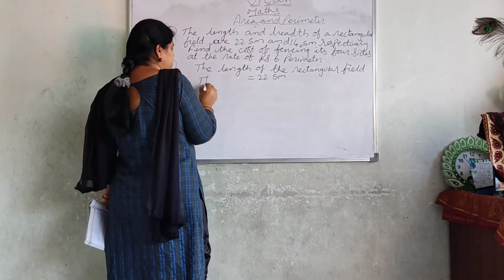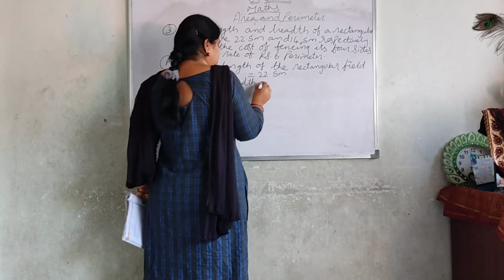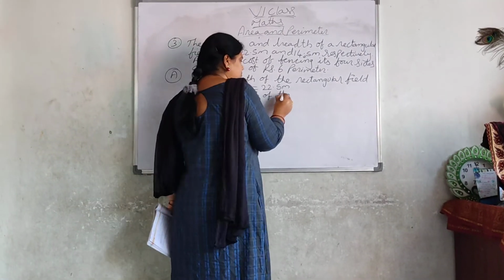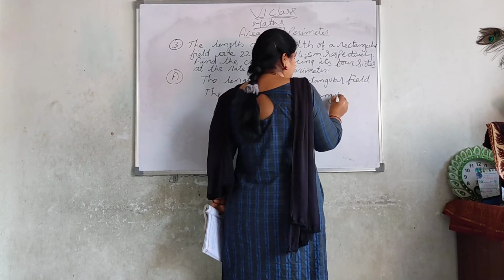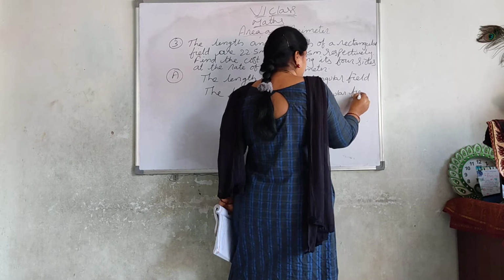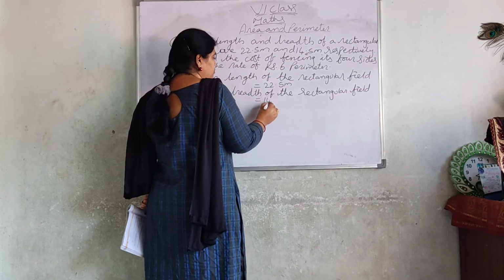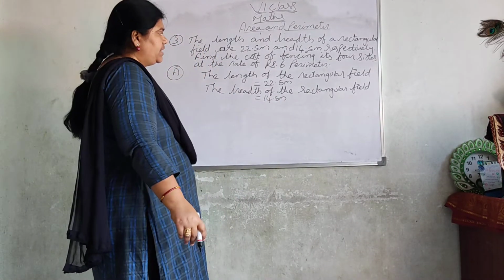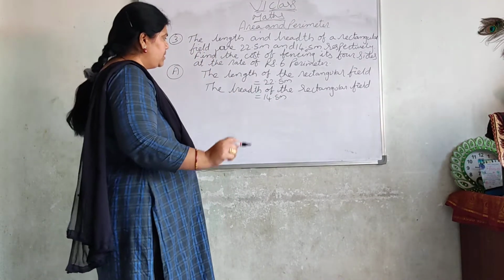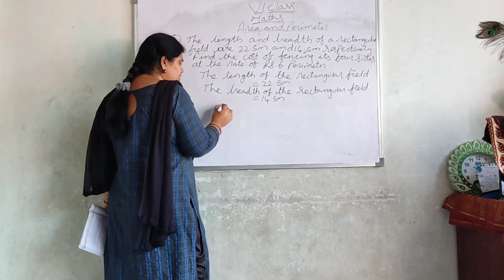Okay, next. The breadth of the rectangular field is equal to 14.5 meters. The length of the rectangular field is equal to 22.5 meters. The breadth of the rectangular field is equal to 14.5 meters.